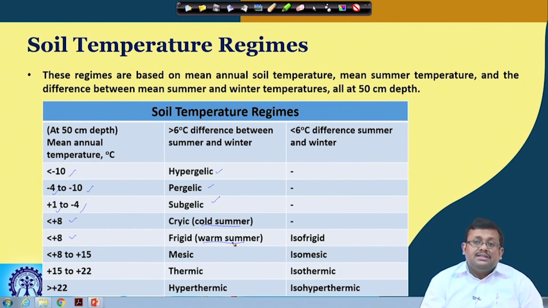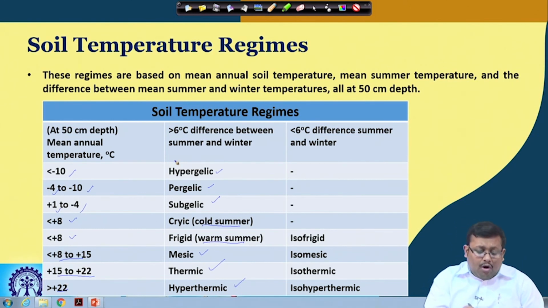Another temperature regime is called mesic, where the temperature lies between plus 8 and plus 15 degrees Celsius, and the thermic regime is characterized by plus 15 to plus 22, and finally hyperthermic, which is characterized by more than 22 degrees Celsius.